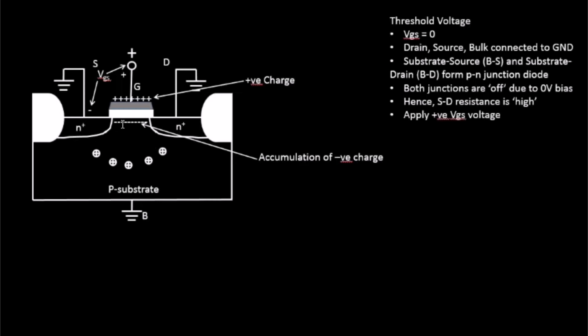The same thing happens if the majority carriers, which are holes in the p-type substrate, are removed from their area: there will be a formation of a depletion region because this particular area is now depleted of its majority carriers. So this is how it will look. The depletion region will look something like this.